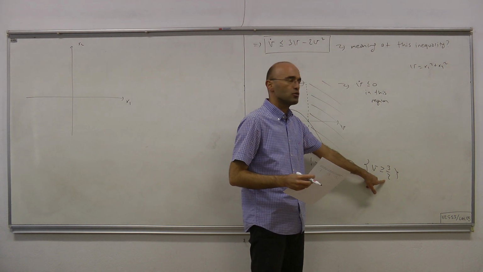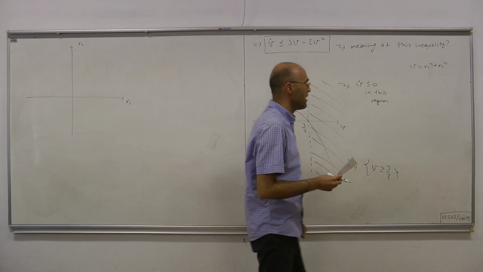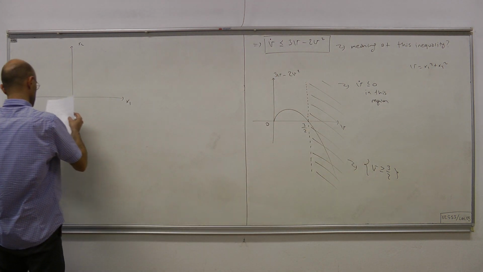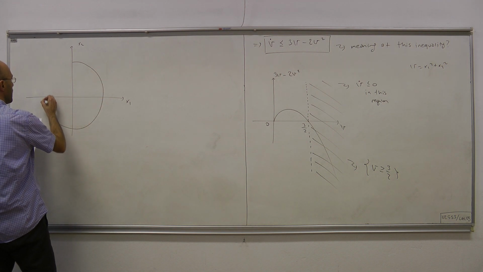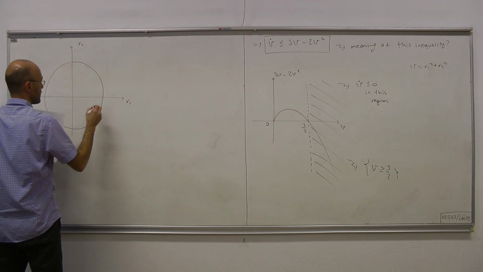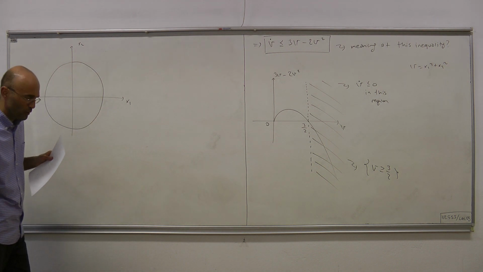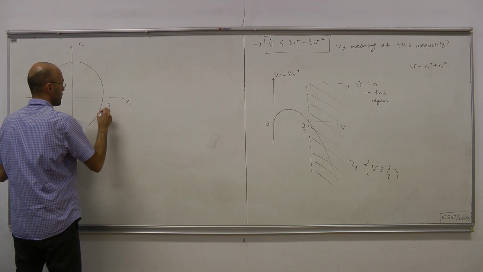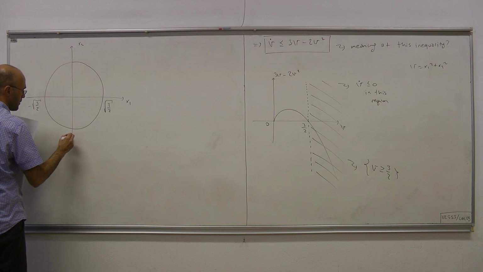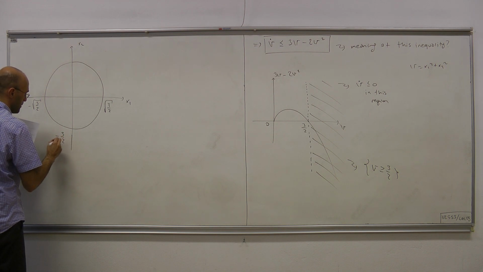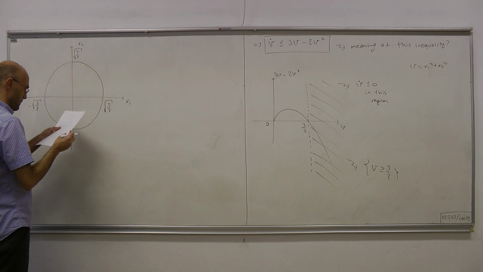Therefore, v larger than 3 over 2 means that the Euclidean distance is larger than square root of 1.5. Okay, so we have a circle with radius square root of 3 over 2. And this is square root of 3 over 2, okay.